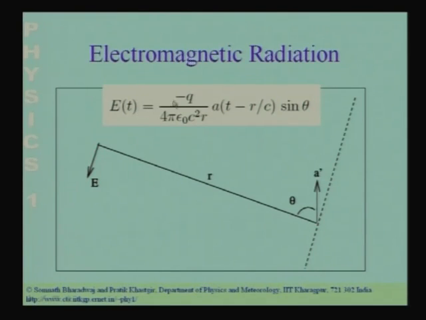So, it is minus q, where q is the value of the charge, divided by 4 pi epsilon naught c square r. r is the distance from the point where we wish to calculate the electric field to the charge, this into the acceleration of the charge at the retarded time.